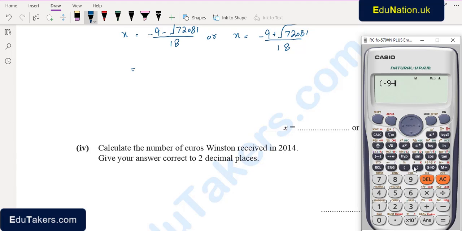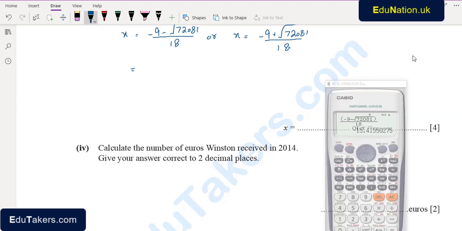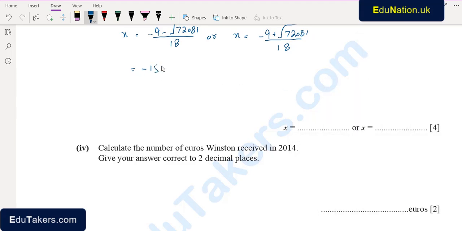Minus 9 minus square root of 72,081 over 18 is minus 15.42, correct to 2 decimal places.